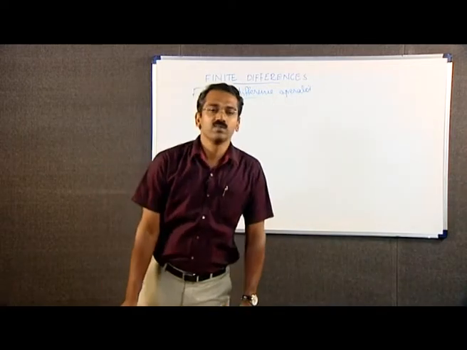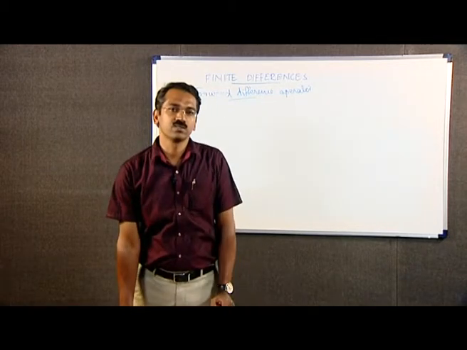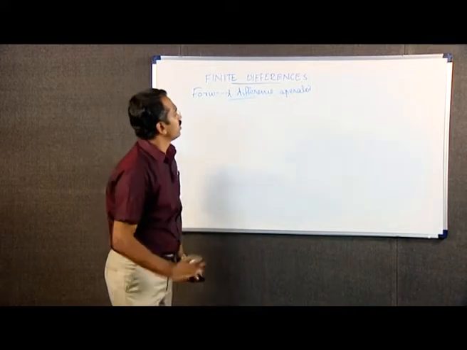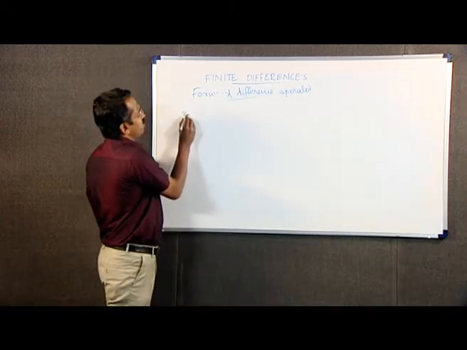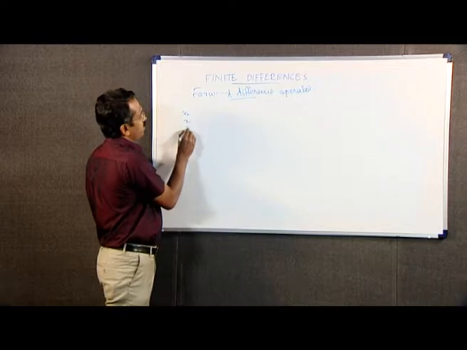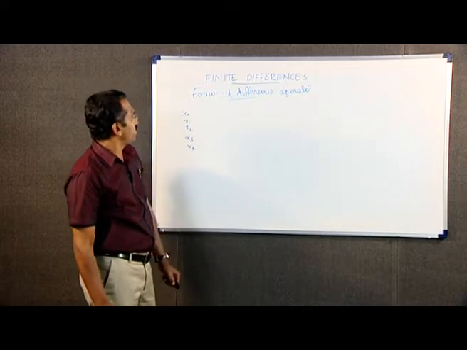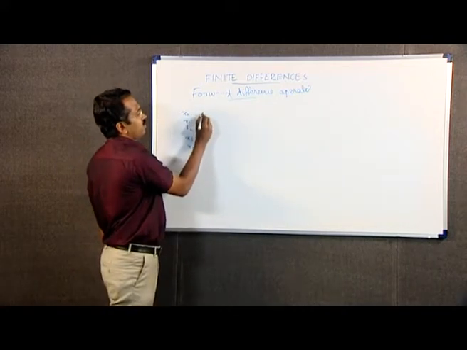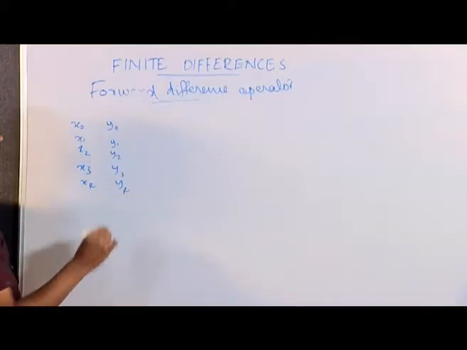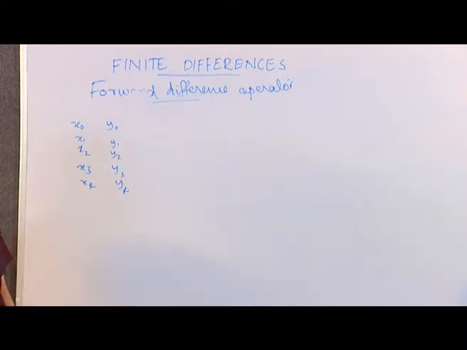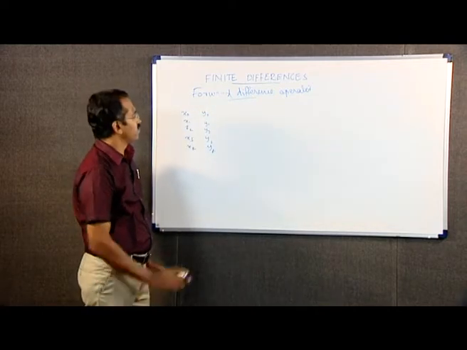Now, the difference table. It is a convenient method for displaying the successive differences of a function. The difference table is as follows. If x naught, x1, x2, x3, x4 are equidistant points and y0, y1, y2, y3, y4 are the corresponding functional values, we can draw the difference table like this.